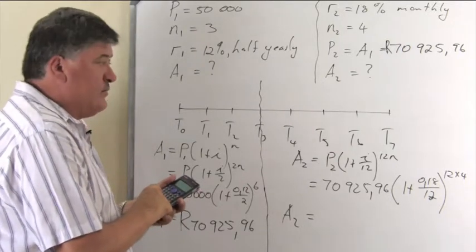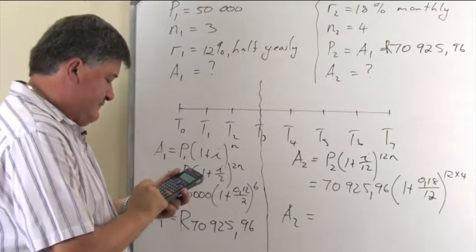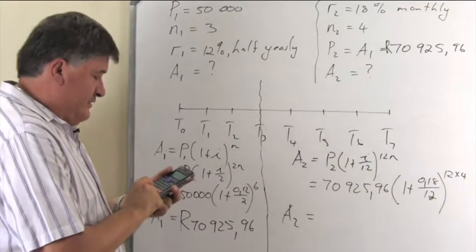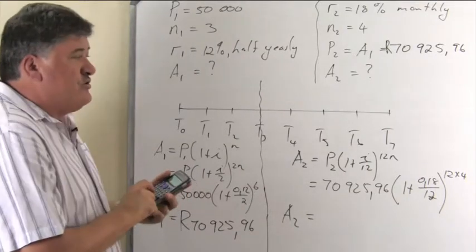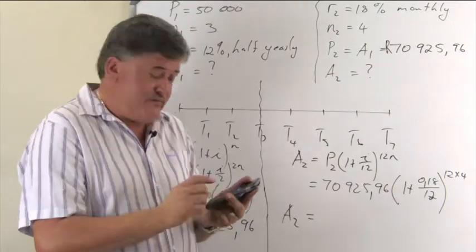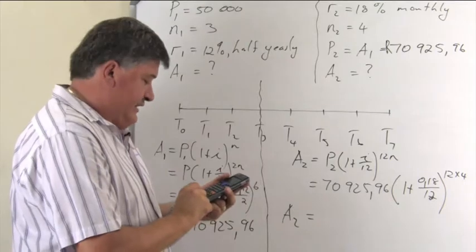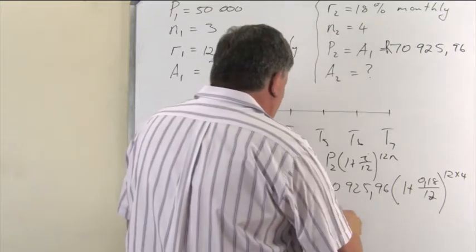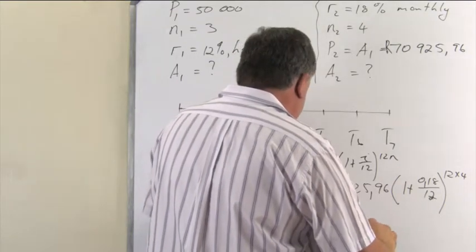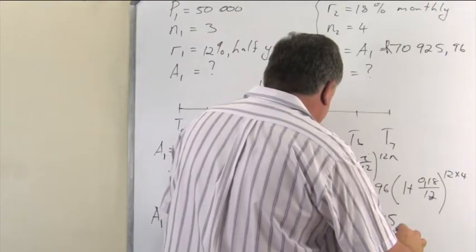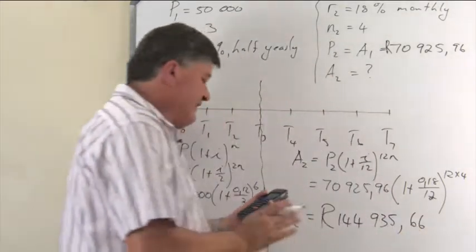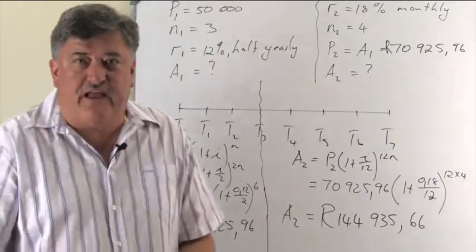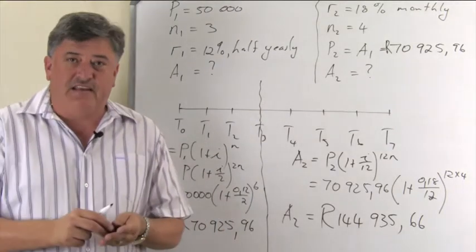We're going to multiply it with that bracket of 1 plus 0.18 over 12, and we're going to raise it to the power of 12 times 4, which you can put in as 12 times 4, or 48. You can do that straight away. And now this 70,925 will become 144,935 Rand and 66 cents. I round it off to 2 decimals again. So this is your future value after the 7-year period.